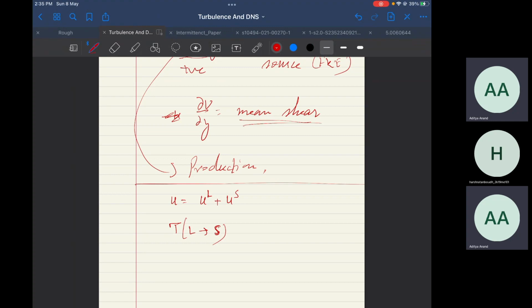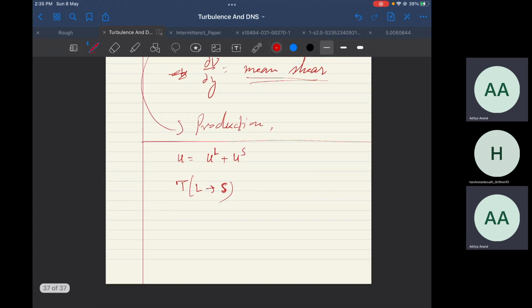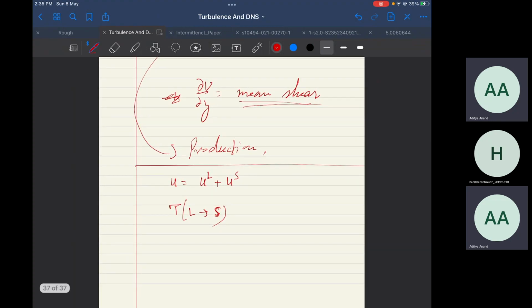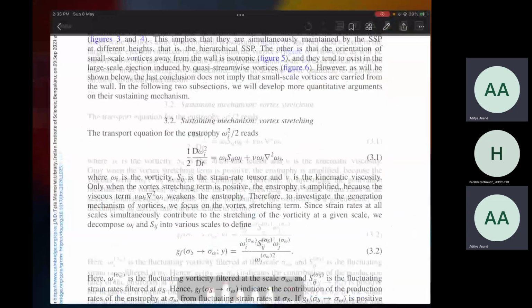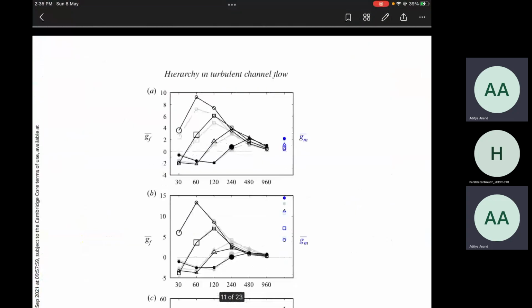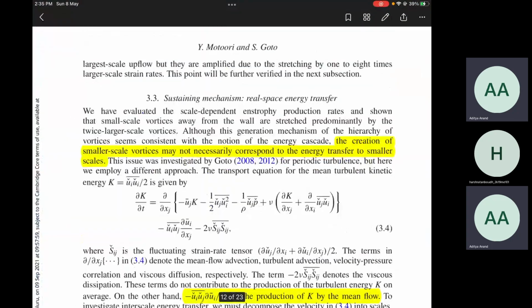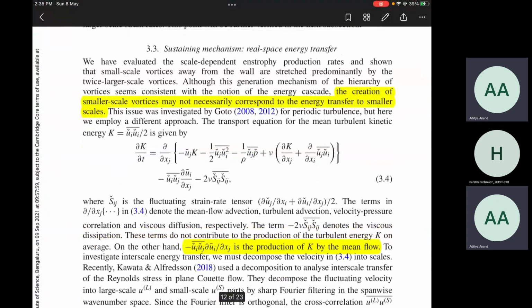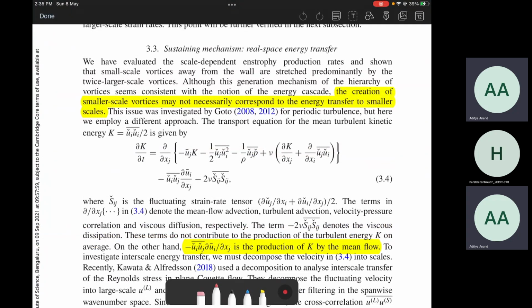If you want to look at an expression for this, it will be there in the paper. So let's look at the energy first. This here is the kinetic energy equation that I was talking about. This is the kinetic energy equation for the fluctuating part, and here is the production term. This is called the production of kinetic energy K by the mean flow.